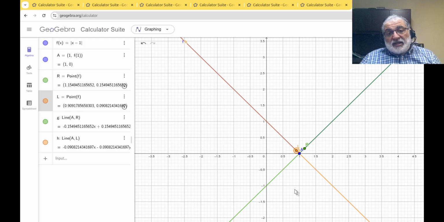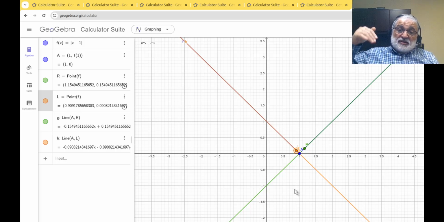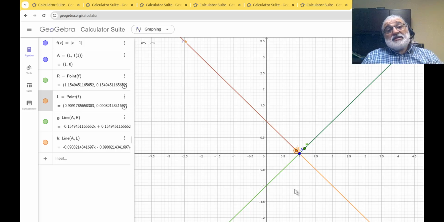But clearly, the two lines do not have the same slope, which means the limit coming from the right is not the same as the limit coming from the left, which means the limit does not exist. But as we said earlier, the derivative is a limit.